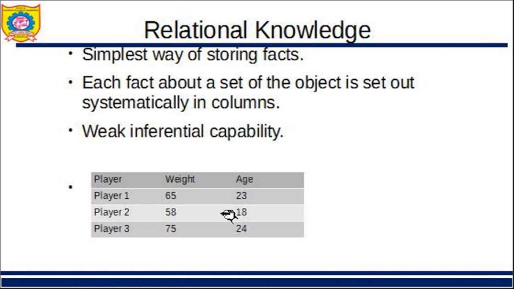So the drawback is that it has weak inferential capability. Inference is nothing but conclusion, right? Answering various questions. When we are designing smart things, we want the machine to answer them. So this way of representing knowledge does not have very good inferential capability; conclusions can be drawn only weakly.